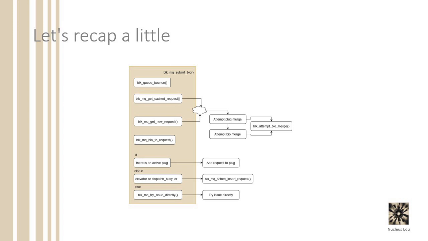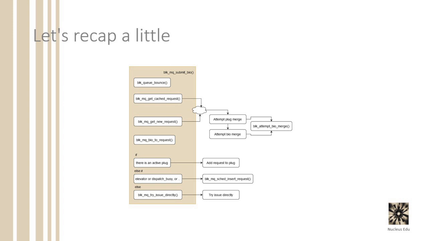Then we looked into getting a request either from the cached request list or creating a new request. Both of them attempt a plug merge or a bio merge, and both end up in this blk_attempt_bio_merge function. Once that is done, the function blk_mq_bio_to_request is called, which converts the bio to the request structure, copying all the relevant details.